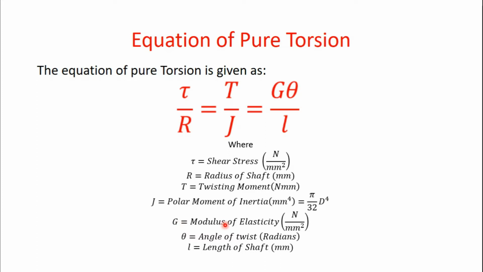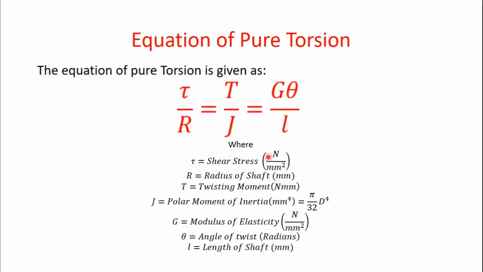G is the modulus of elasticity, it is taken in Newton per mm square. Theta is the angle of twist taken in radians. L is the length of the shaft taken in mm, and you can see that the dimension for length of the shaft or diameter of shaft is all taken in mm, where all the other units are taken in SI, and this is done because the diameter of shaft is normally taken in mm.